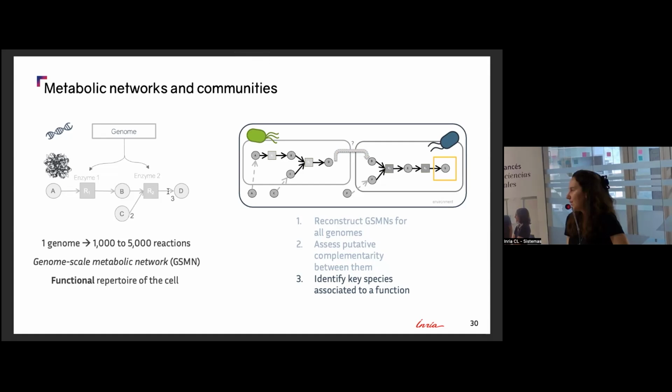So here, the G compound is produced by the blue bacterium. Obviously, it's in this network, but without the compound D produced by the green bacterium, there is no way that in this environment, the blue bacterium produces the G compound alone. That is such things that we want to identify.